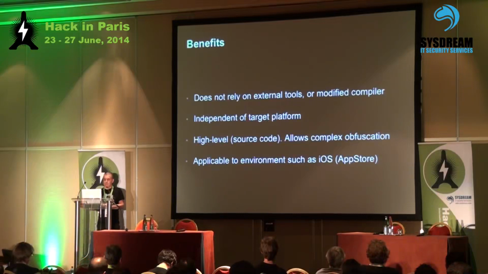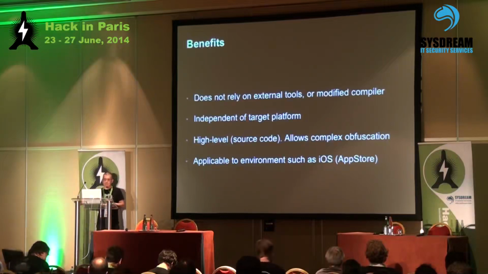But each time Apple or anybody releases a new version of the compiler, you have to reapply and retest. The advantage of my approach is that it's completely standard, so you don't have this kind of problem. It's independent of the target platform, but this is from the compiler.